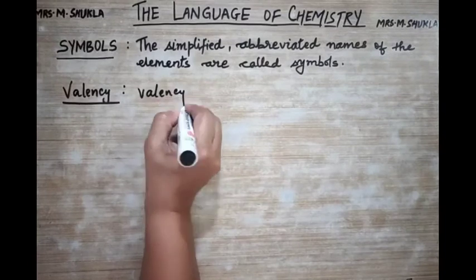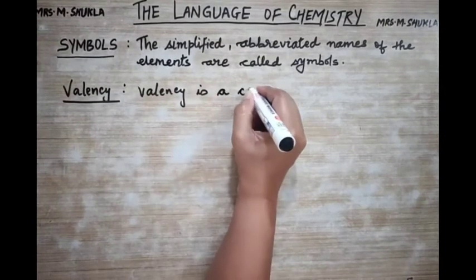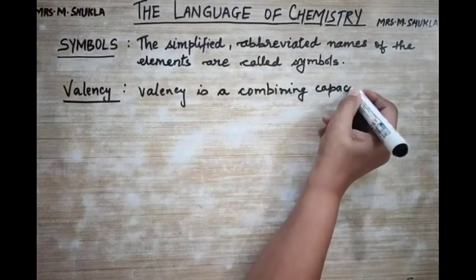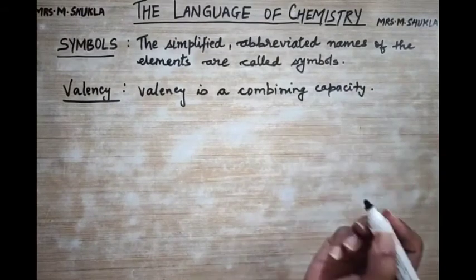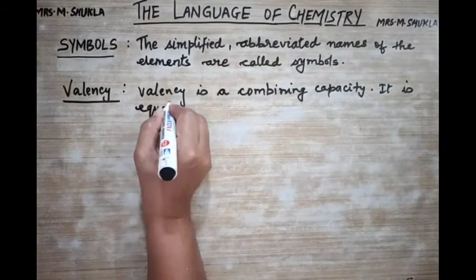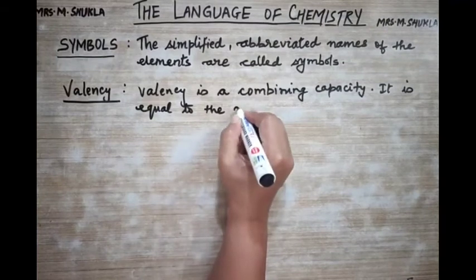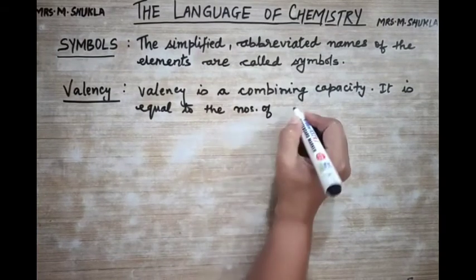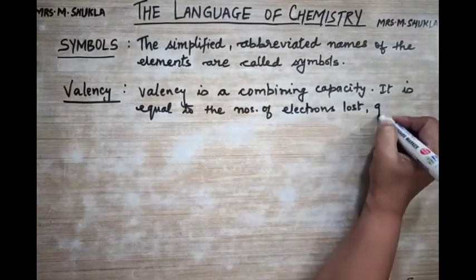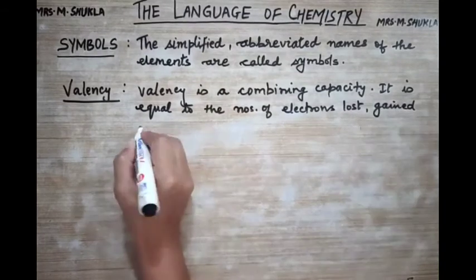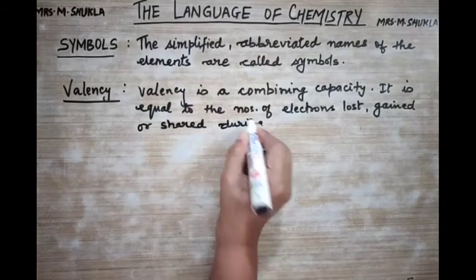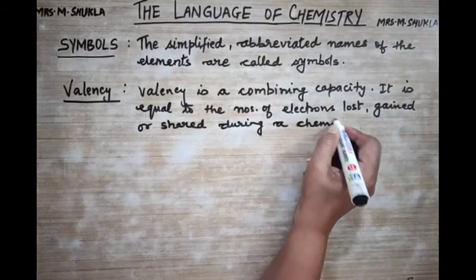Valency is a combining capacity. Correct? It is equal to the number of electrons lost, gained or shared during a chemical reaction.